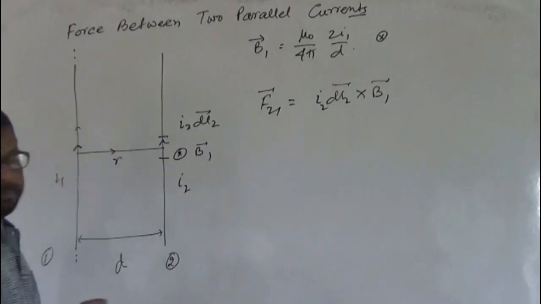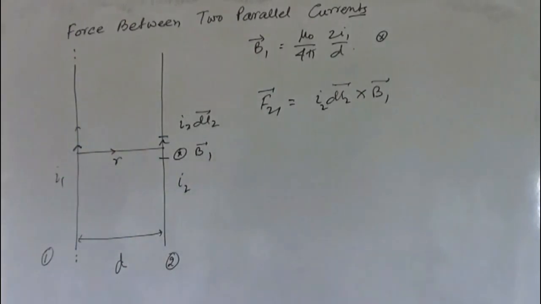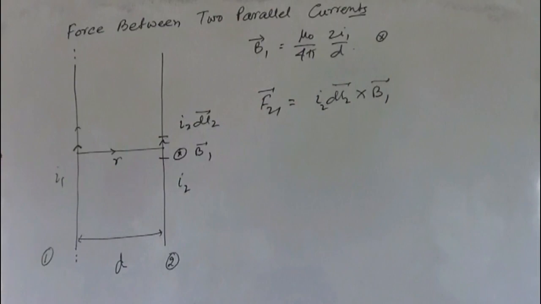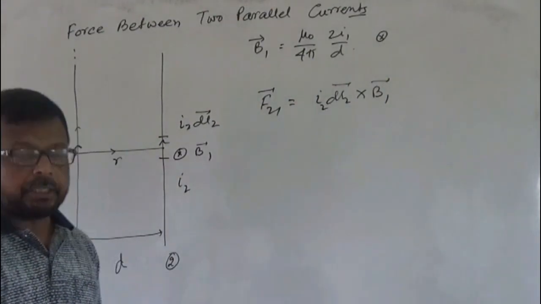Is it or not? Already we have discussed or proved that a current element I dl placed in a magnetic field B experiences a force F is equal to I dl cross B.